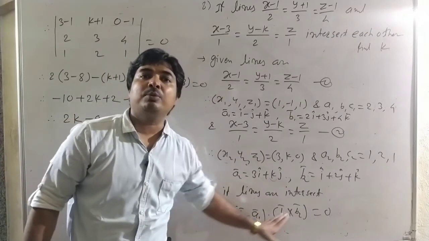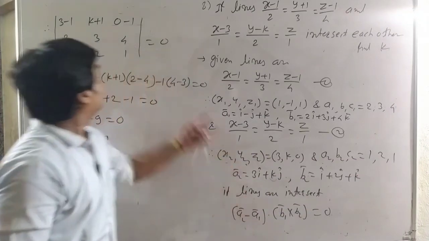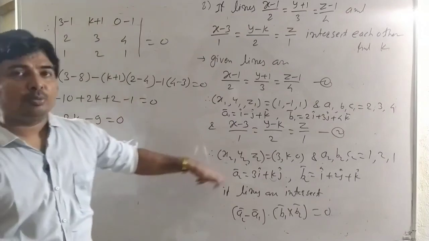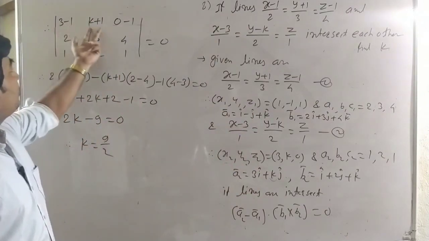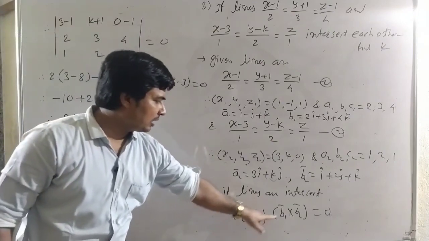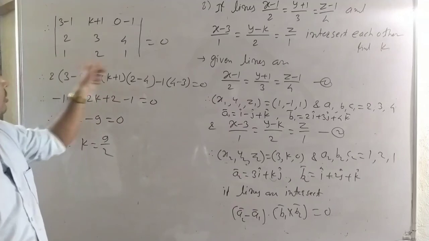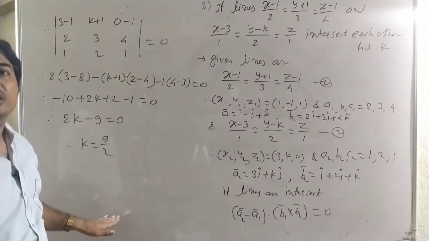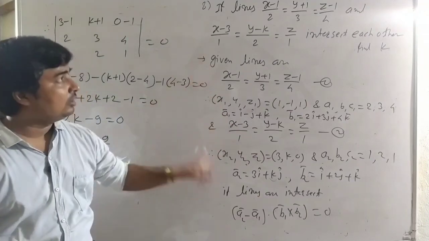It is a scalar triple product, and we can find the scalar triple product by using a determinant. It has the components of a2 bar minus a1 bar, then components of b1, and components of b2, and then the calculation. Okay, we can use any one method to solve this problem.